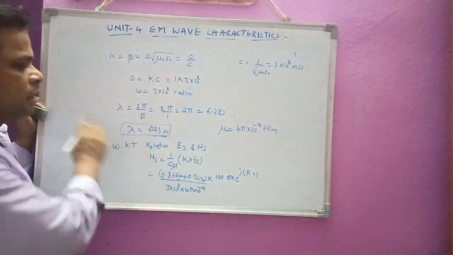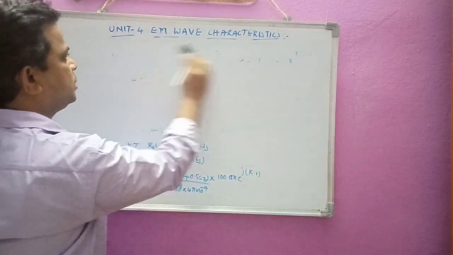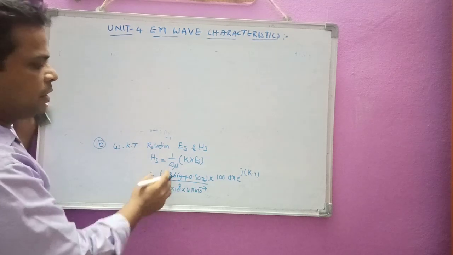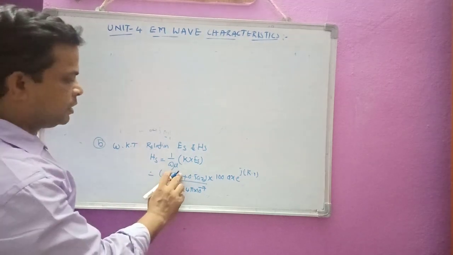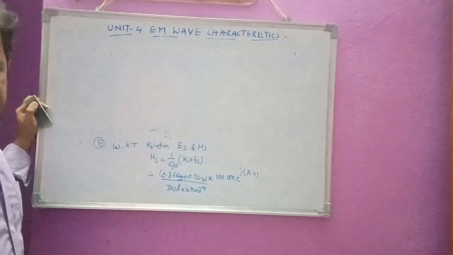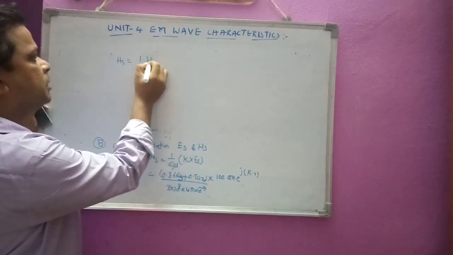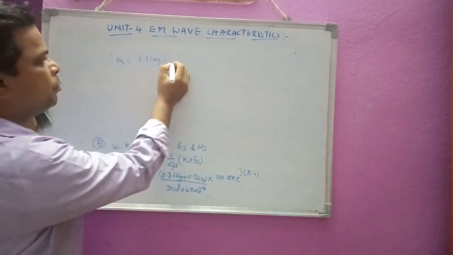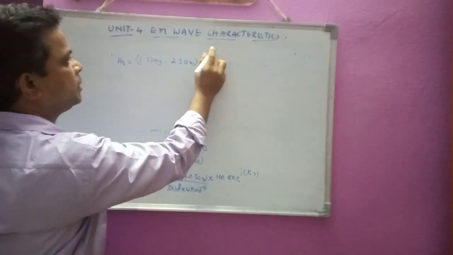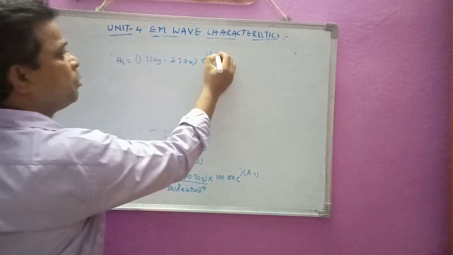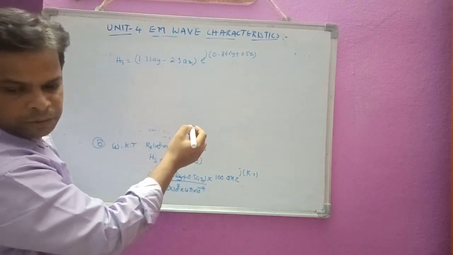So we are going to substitute. After solving this entire equation, we will get the value of Hs. You can use your calculators to solve these numerical values by dividing them. So Hs will be equivalent to 1.33 ay minus 2.3 az into e power of minus j k dot r, where k dot r is already given as 0.866 y plus 0.5 z, in milliamperes per meter.